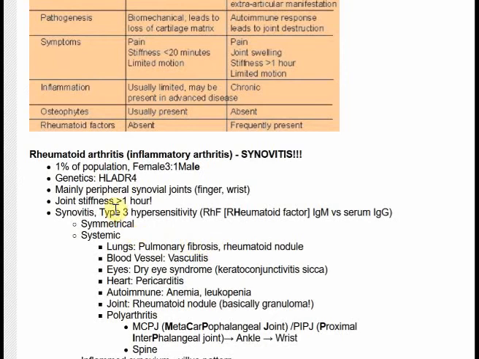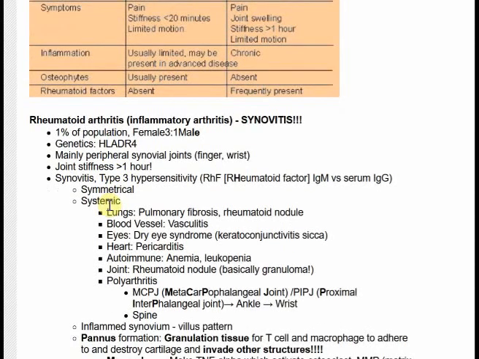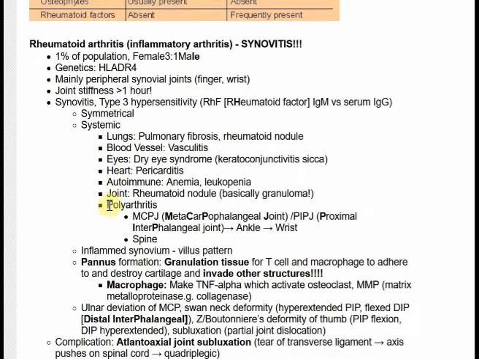Prominent feature here is joint stiffness, lasting more than an hour. And the key genetic here is HLA-DR4. Tends to affect the joints peripherally and symmetrically. And as I said before, you can have extra-articular findings.